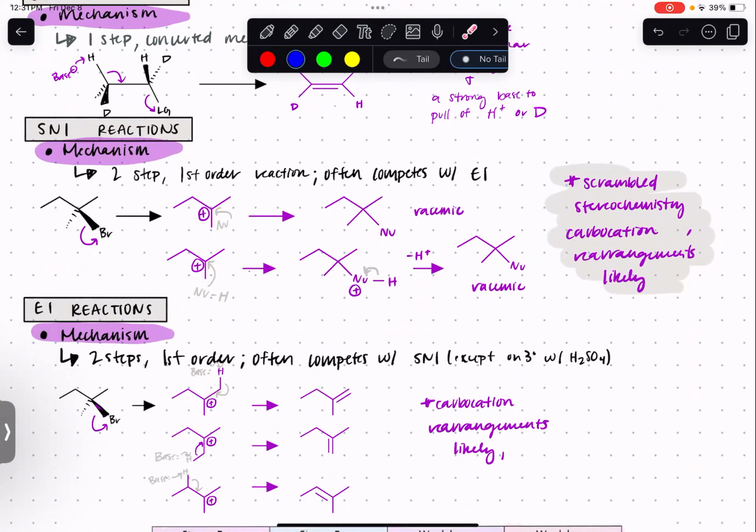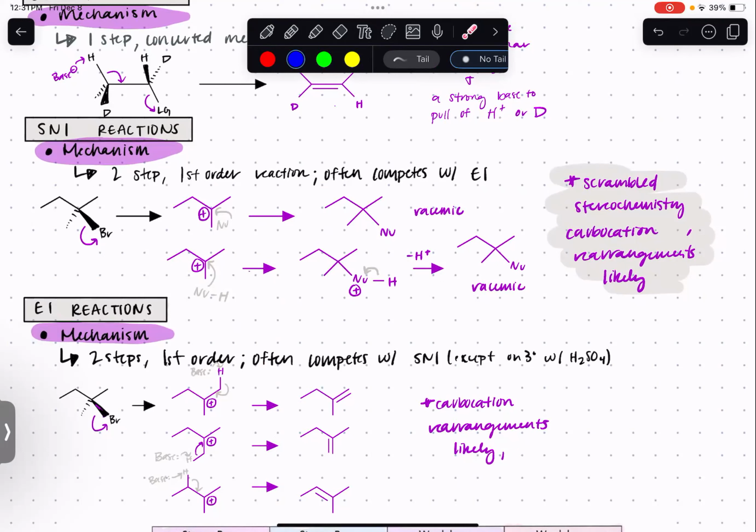So that is something that you really want to make sure you pay attention to. For this specific example, we start with a bromine on a tertiary carbon, so we're not going to get carbocation rearrangement there, just because a tertiary carbocation is already extremely stable.